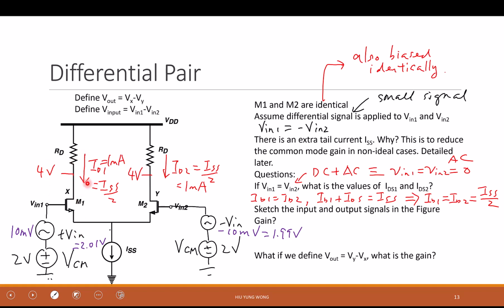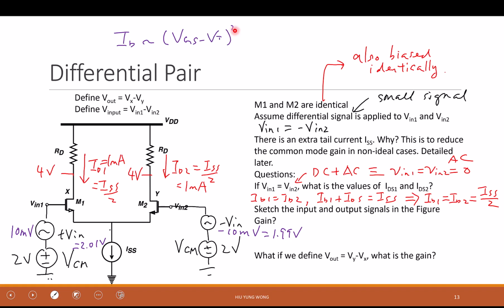Not direction, the magnitude: decrease or increase? When I increase the gate voltage, you will feel that it will increase, right? Because ID is proportional to VGS minus VT squared, right?